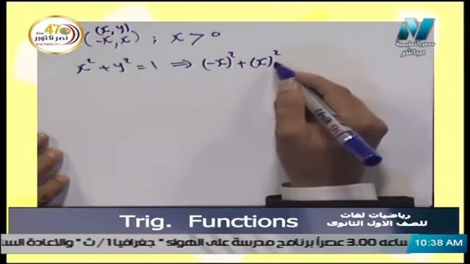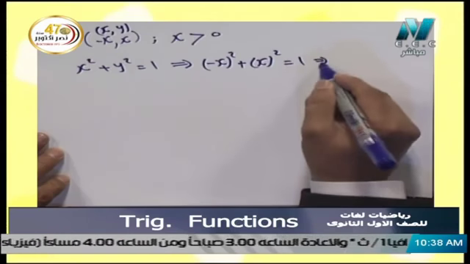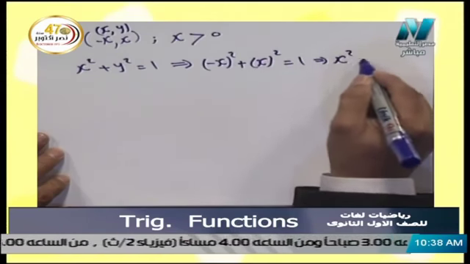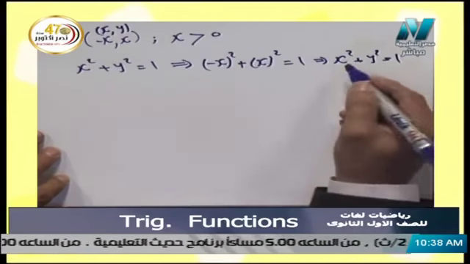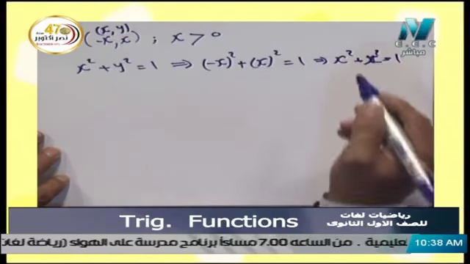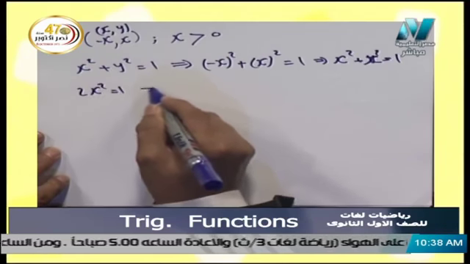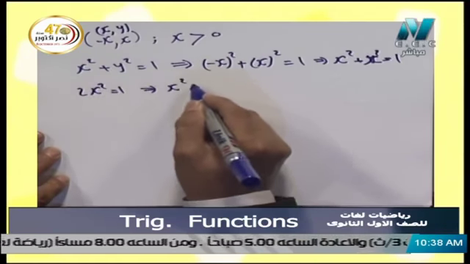So negative x squared plus x squared equals 1, because x squared plus y squared equals 1, and y squared is x squared now. So we have double x squared equals 1. So x squared equals half.